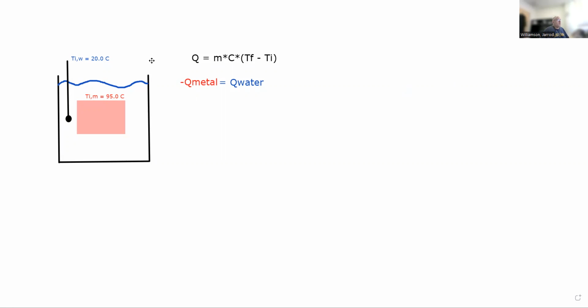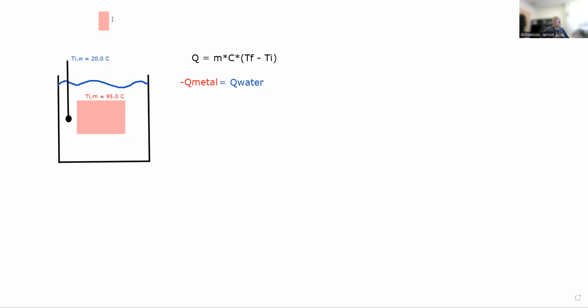But let's say I have a piece of metal that I have heated up to, let's say, 95 degrees Celsius right here. And then I drop it into the water right here.